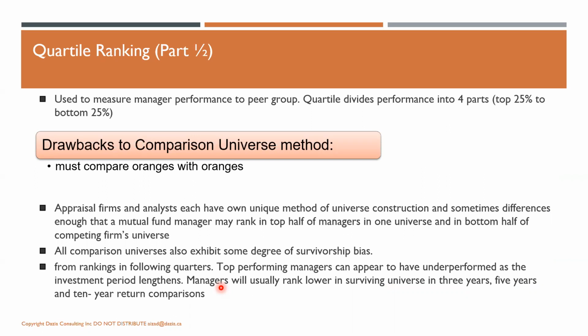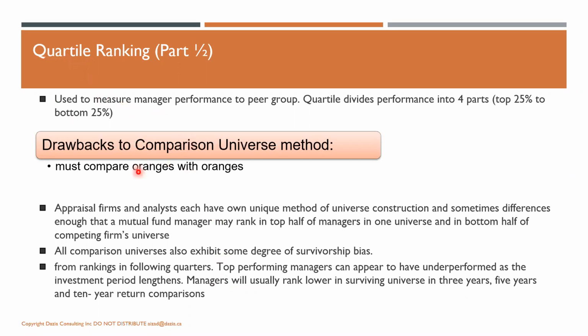Then 25 to 50%, that is the next one, and then 50 to 75, and then the lowest 25%. So you split up the mutual funds into four groups, and that's a measurement. Sometimes it's mentioned that this mutual fund is in the first quartile or second quartile or third quartile. From there you get an idea how it compares to other mutual funds in the universe.